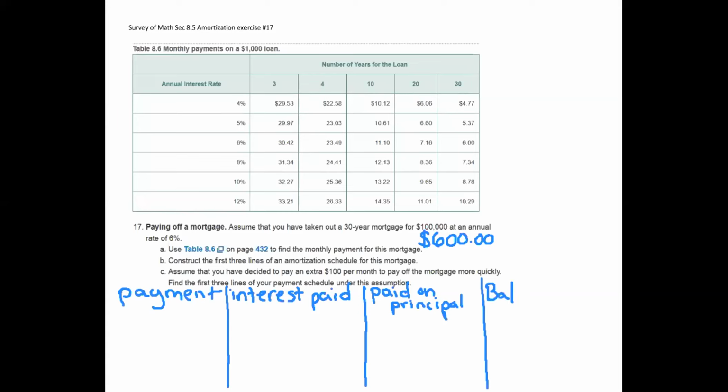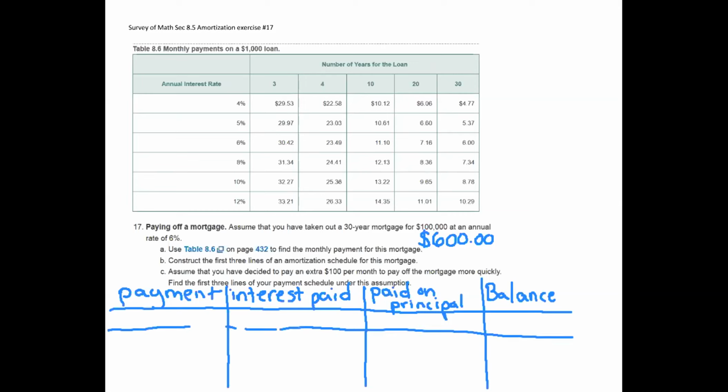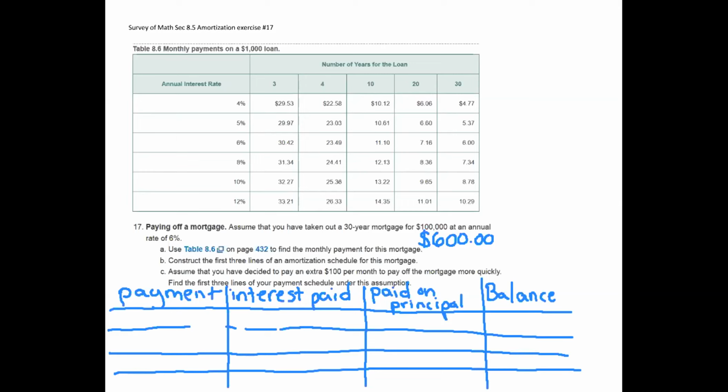And now what's the current balance? They want us to provide 3 lines, but we start with a line of info. So you'll need to provide yourself with actually 4 physical lines to get 3 lines in our table, because we start with a balance of $100,000.